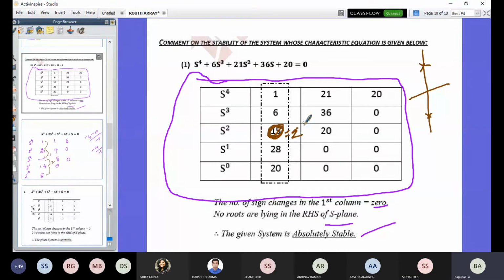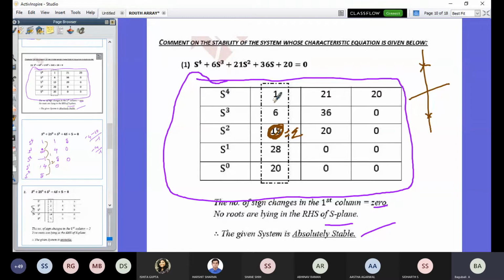Are you understanding my point? Yes, sir. So if any row in the first column becomes 0, replace 0 with epsilon and complete the entire Routh array. After completing it, check for any sign changes in the first column. If there is any sign change, then you can conclude that the system is unstable.